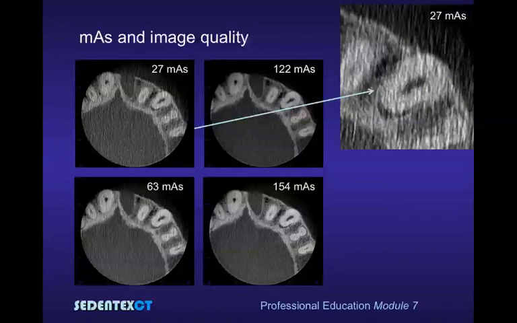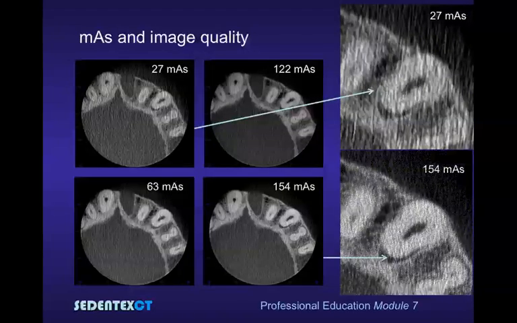If again we magnify certain of these images, you will see that when we use very low MAS, there is certainly on this example a significant loss of image quality. But nonetheless, once again, it illustrates how we may be able to reduce these exposure factors in clinical practice, maintaining an adequate image quality by reducing the dose to the patient.